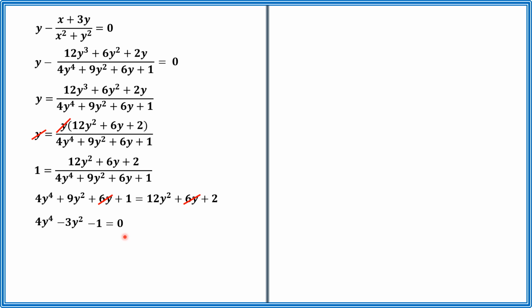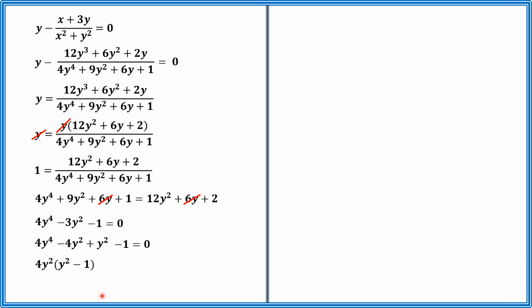This equation is a quadratic equation in y square, and we can factorize it by breaking its middle term. So 4y to the power 4 minus 3y square will be decomposed into minus 4y square plus y square, and minus 1 is equal to 0.